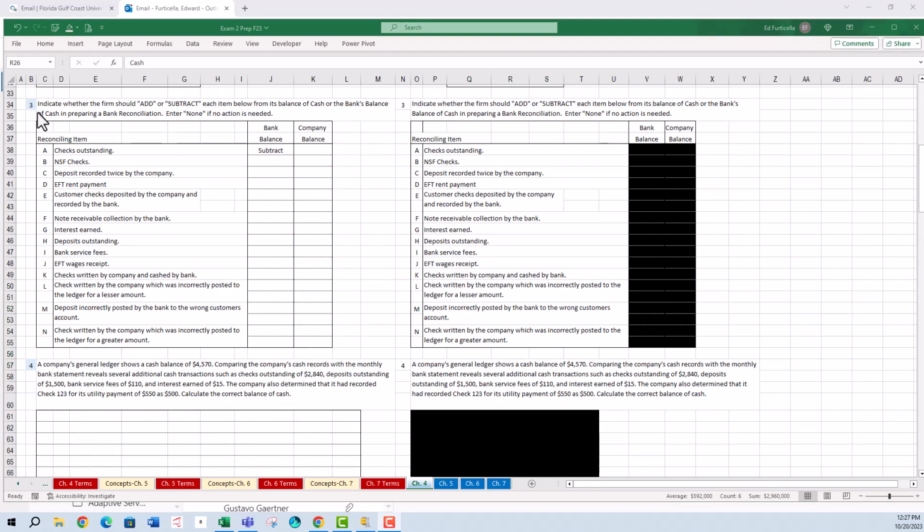Drills 3, 4, 5, 6, and 7 are all shaded with a blue color because they all focus on bank reconciliation. A good starting drill is 3. With 3, I give you a listing of reconciling items and I ask you to determine if those reconciling items affect the bank balance or the company's balance, and whether you'll add or subtract.